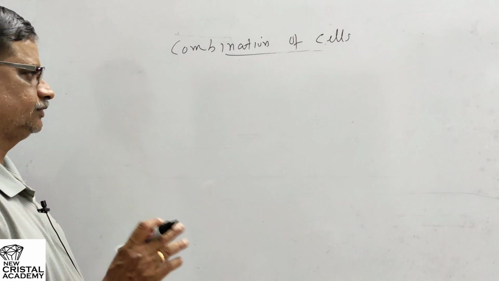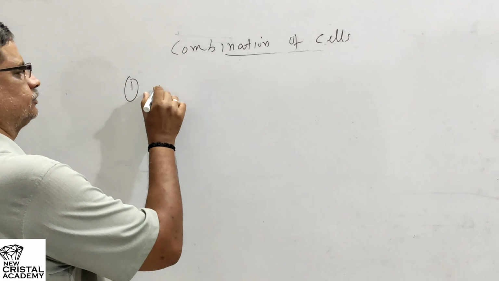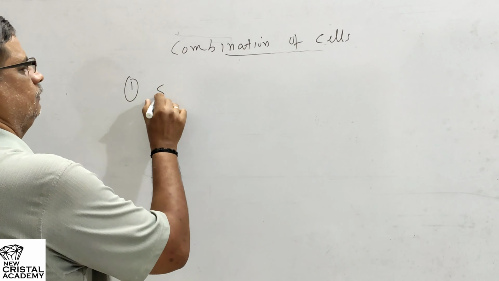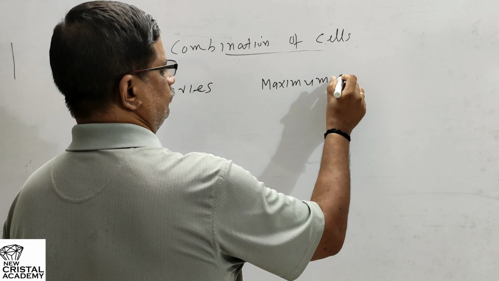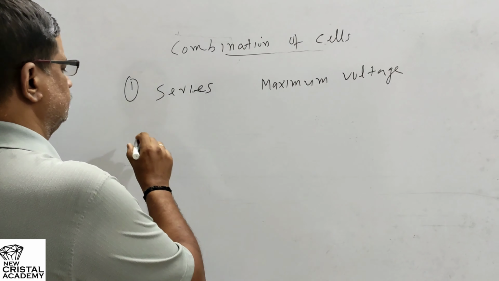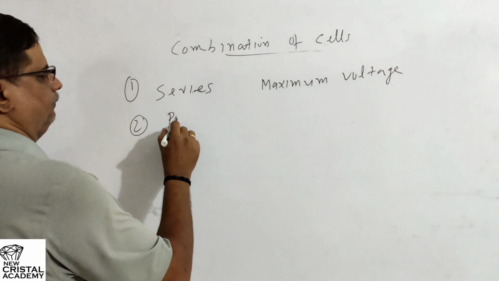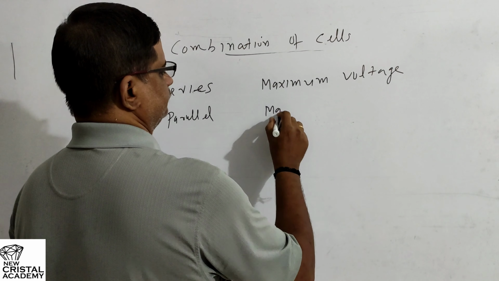Let us see now for what purpose each type of combination is used. We will start with the series combination. What is the use of connecting cells in series? The series combination of cells is used to obtain maximum voltage. The parallel combination of cells is used to get maximum current.